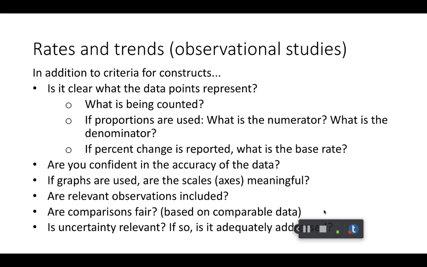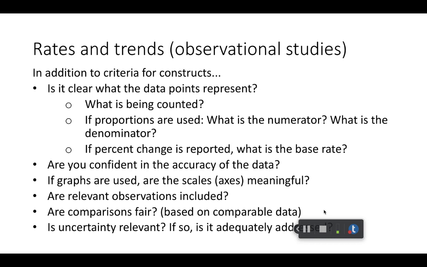If we're looking at rates and trends or any kind of quantitative study, we now need to ask some questions about the data. So here are some questions for rates and trends, and these will be needed to look at associations, predictions, and causes. Is it clear what the data points represent, what's being counted?